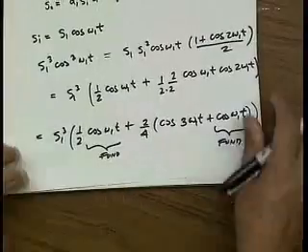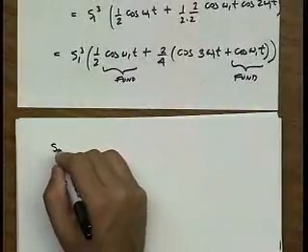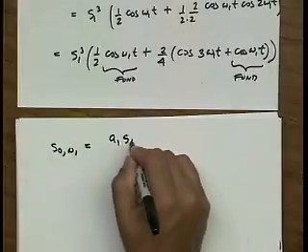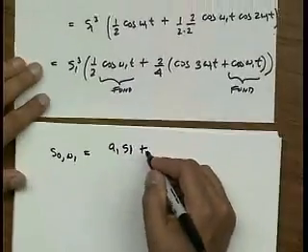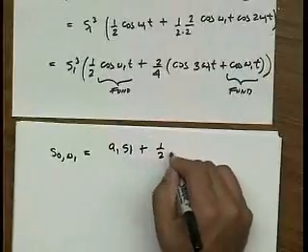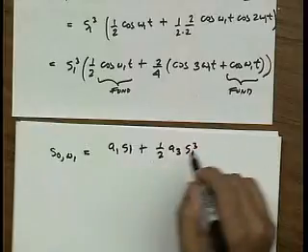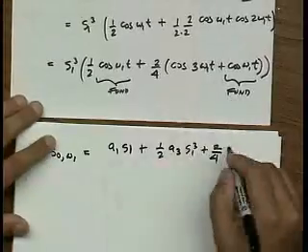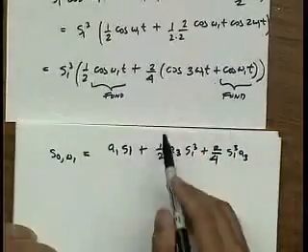So I could say that my output signal at frequency omega 1 is equal to A1 times the input amplitude, which we're calling S1. And now I have two more amplitudes here. I have 1/2 A3 S1 cubed plus 2/4 S1 cubed A3, which is the second term here.